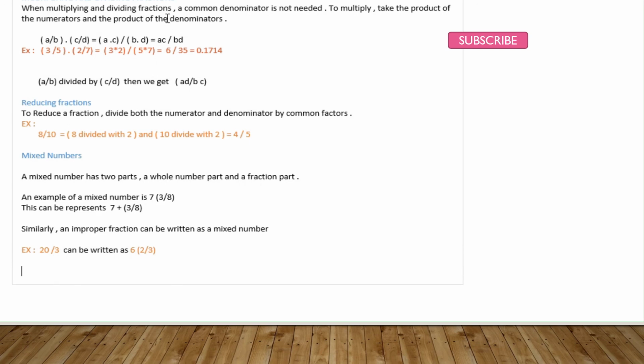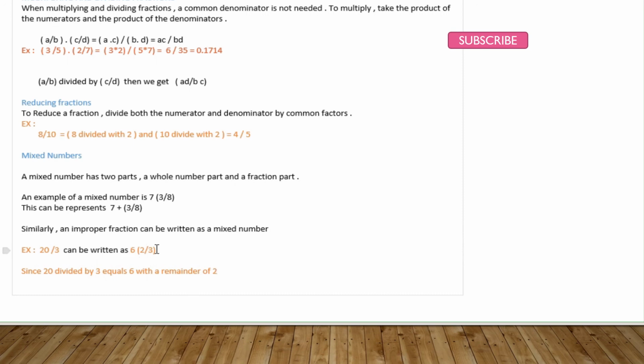For this I am going to give an explanation. Since 20 divided by 3 equals 6 with a remainder of 2. 20 divided by 3 equals how much? 3 sixes are 18, remainder 2.